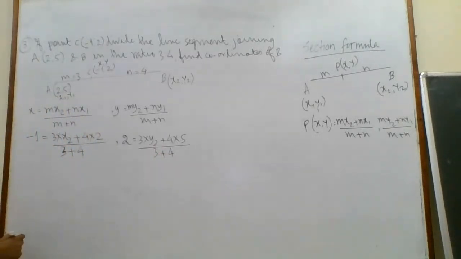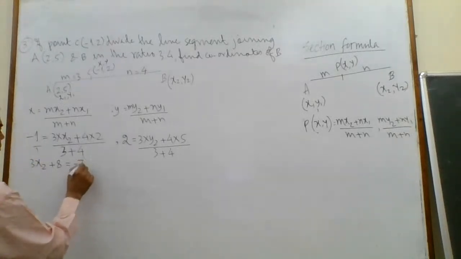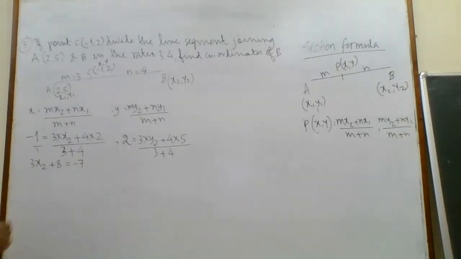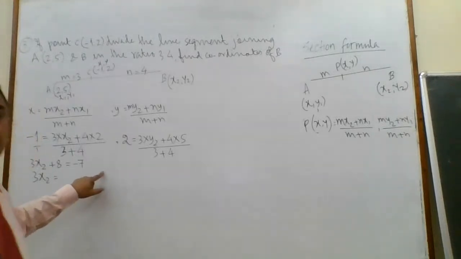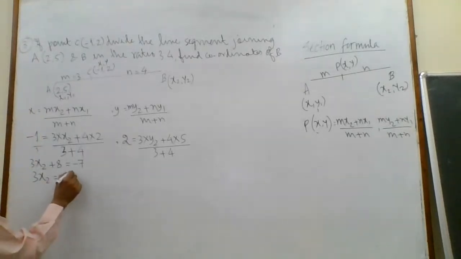Now we'll simplify. Here nothing means 1 is there. So if you multiply with 1, it will be itself. So 3 into x2, 3x2, plus 4 into 2, 8. And here 3 plus 4 is 7. When you multiply that to minus 1, it will become minus 7. So 3x2 will be, take plus 8 to that side, it becomes minus 8. And minus 7 minus 8 will become minus 15.